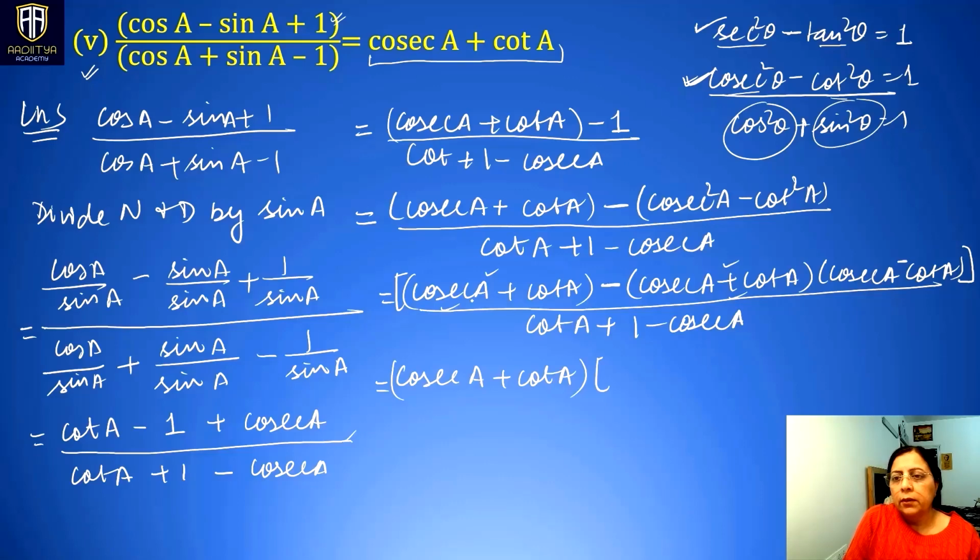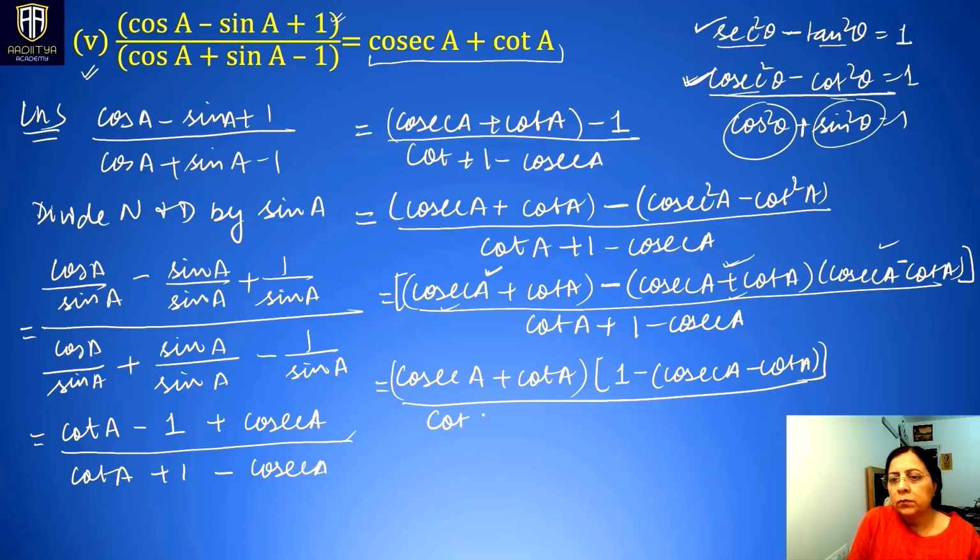Now in the bigger bracket, since everything has been taken out from the first term, we are left with 1 minus, and in the second term, this has been taken out, so we are left with this bracket, cosec A minus cot A. Denominator remains same. Cot A plus 1 minus cosec A.